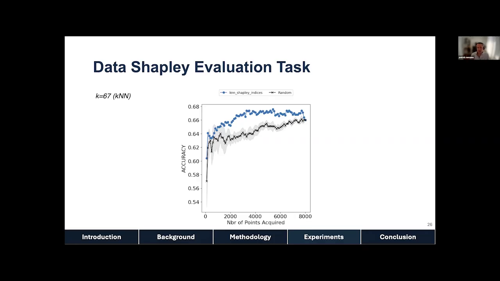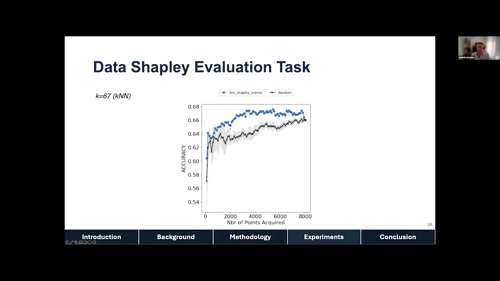You would say, I will acquire random 10 points, 100 points, 200 points, and see how my accuracy, which is the way that we evaluate the utility of the model, increases. If you repeat that experiment multiple times and compute the mean, the accuracy increases towards the utility of the whole data set.